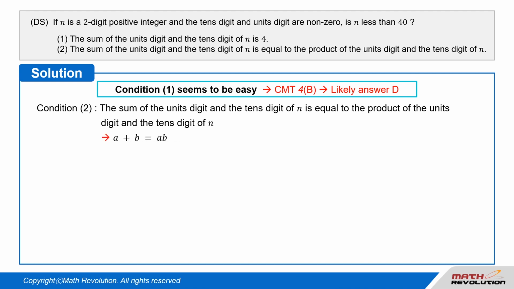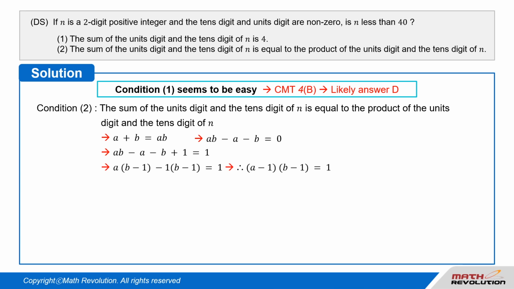The way to solve this equation would be a plus b equals a times b, which can be rearranged to get a times b minus a minus b equals 0. Adding 1 to both sides, we get a times b minus a minus b plus 1 equals 1.